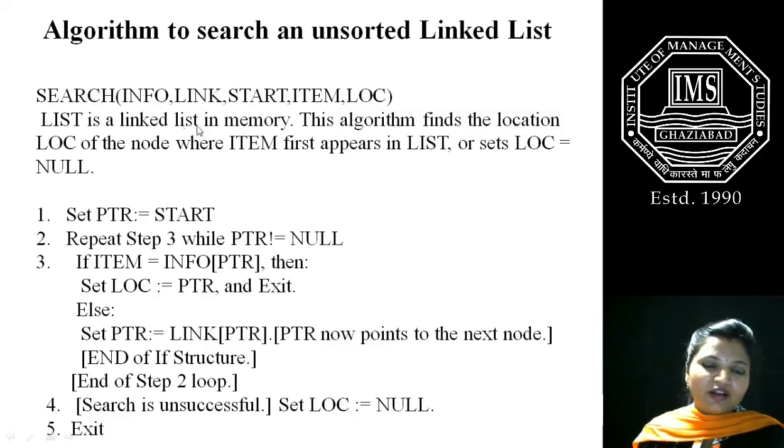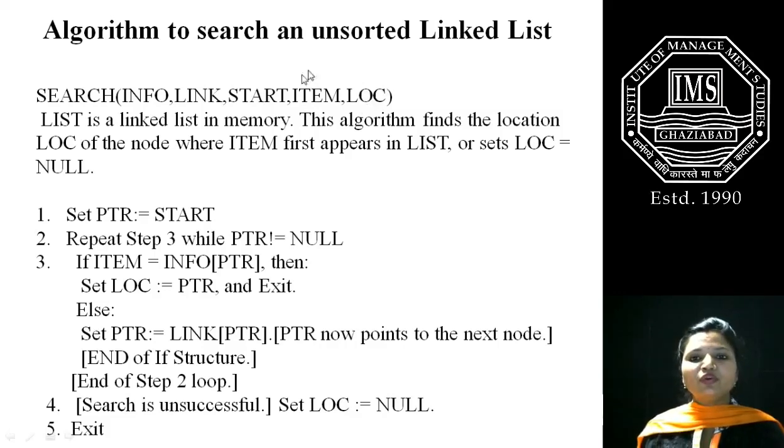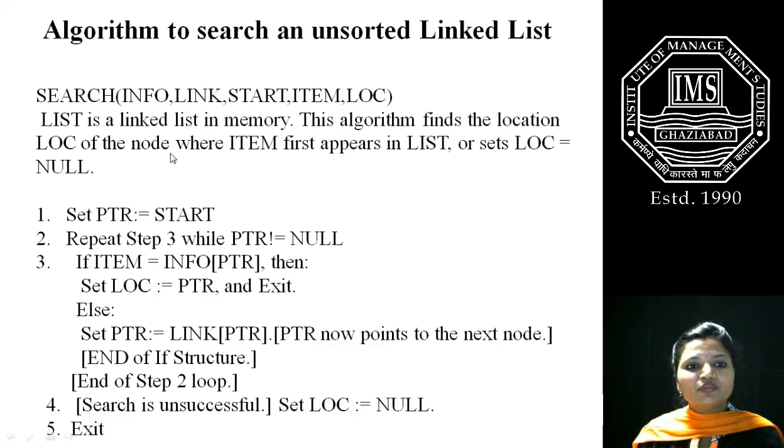The info array contains the information part of the linked list, link contains the address of the next node, start contains the address of the first node in the list, item contains the value that you want to search, and location represents the address of the node that contains the item. So list is a linked list in memory. This algorithm finds the location of the node where item first appears in list. Otherwise, if it cannot find the item, then we will set location equal to null.